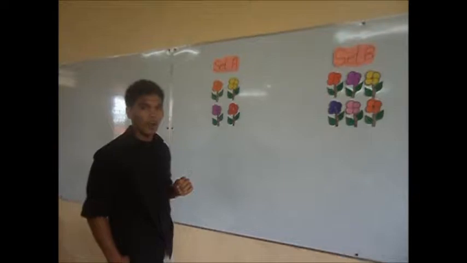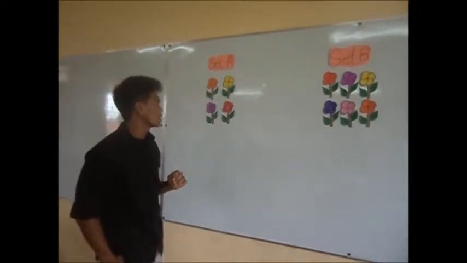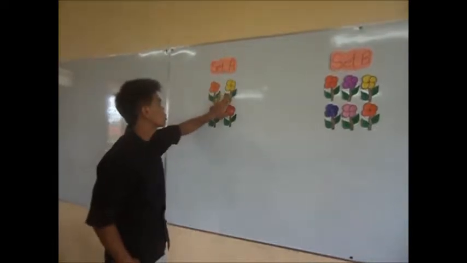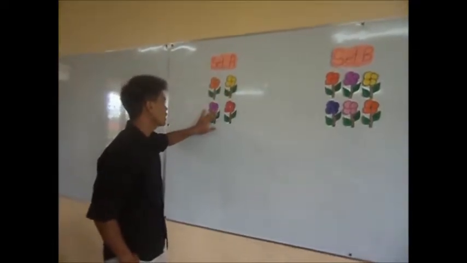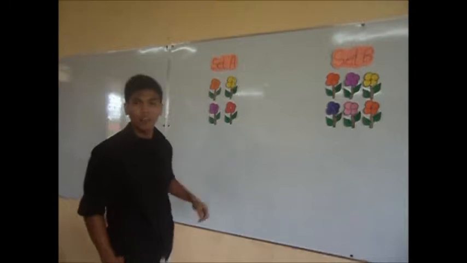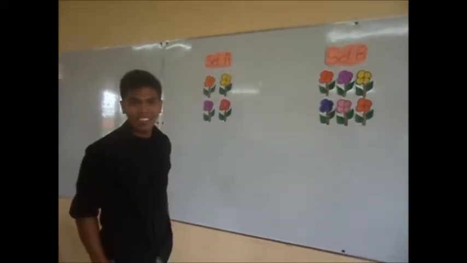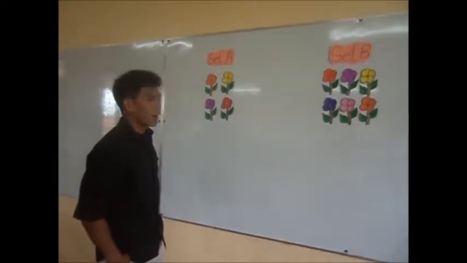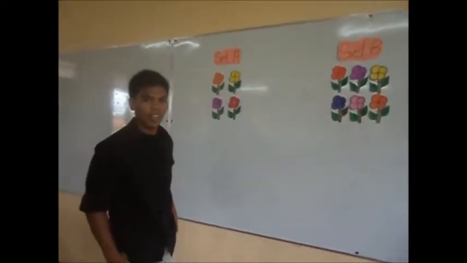Let us count the flowers in set A first. Let us count. 1, 2, 3, 4. How many flowers did we have in set A? 4. You're right. We have 4 flowers in set A.